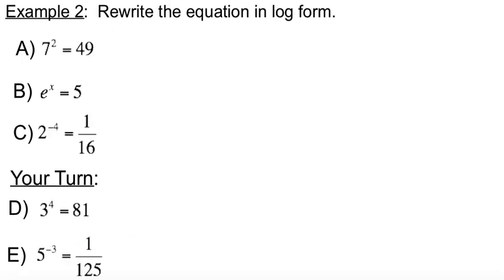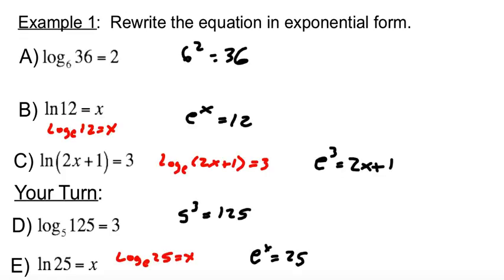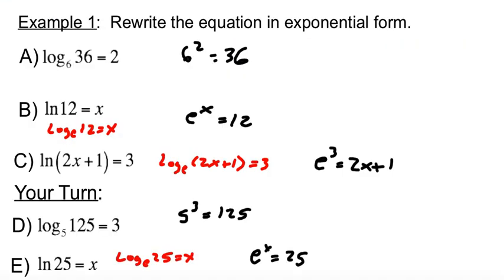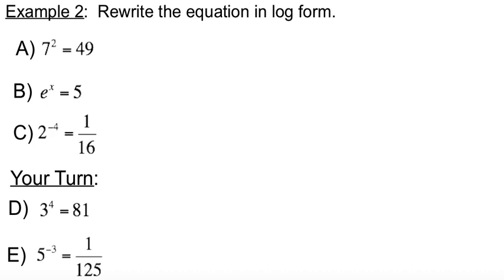Example 2. Now we're going to go the other way. Let me go back to the definition here. Over here we had b to the x equals y. I want to keep it going with the same letters.